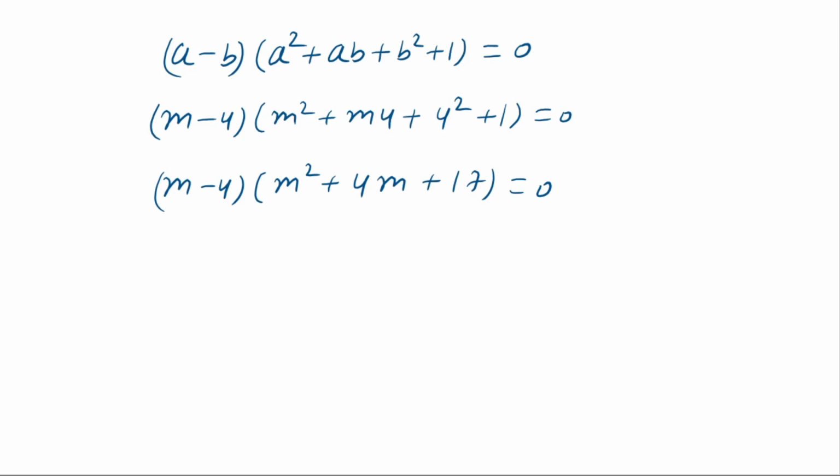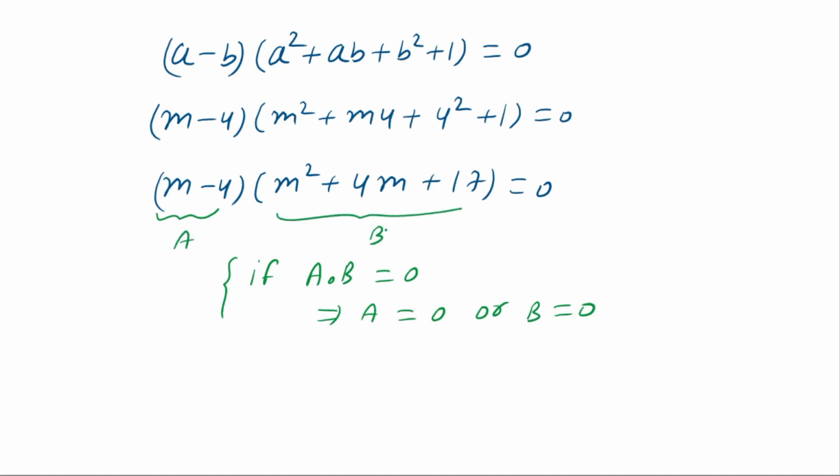Now on the left-hand side we have two factors, and we know that if a times b is equal to 0, this implies a = 0 or b = 0. If we apply this rule, then m - 4 is a and this expression is b.